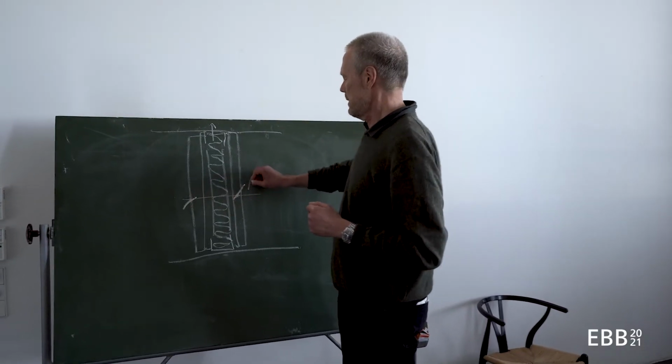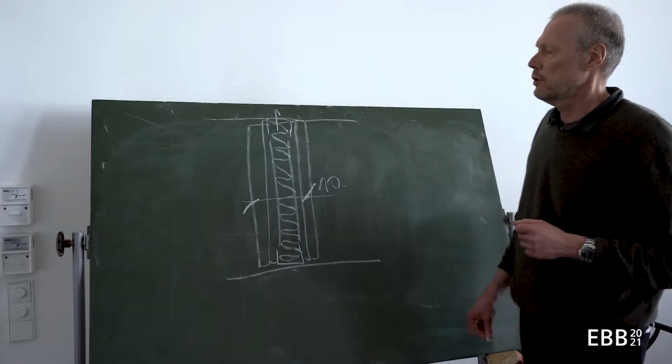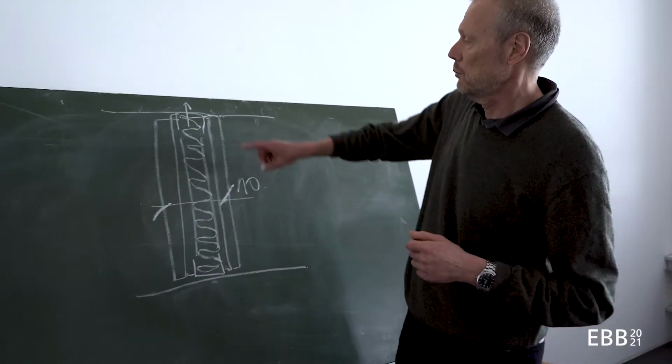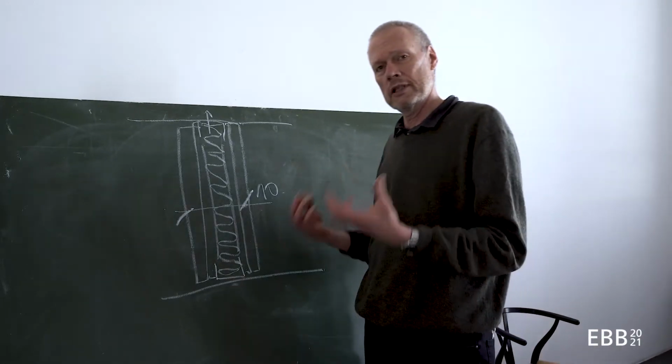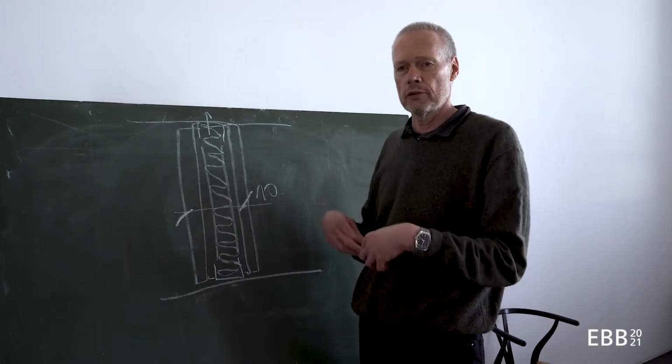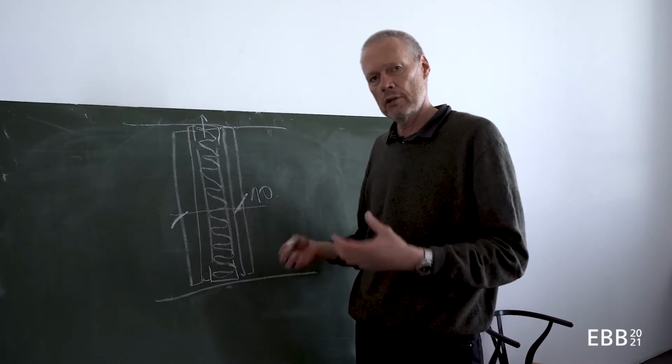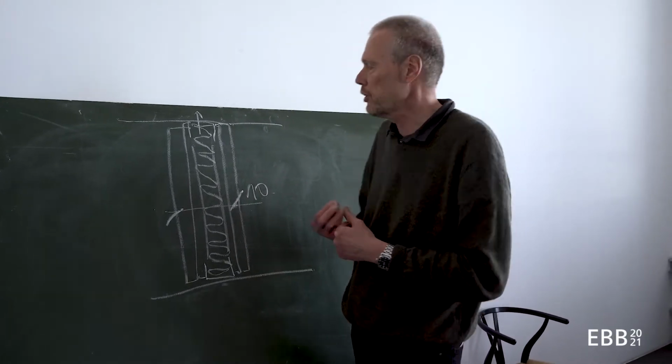Let's say this is 10 centimeters, and what I have to avoid is that there will be cracks inside this non-load bearing wall. Because it's not load bearing, it shouldn't receive any load out of the load bearing structure.